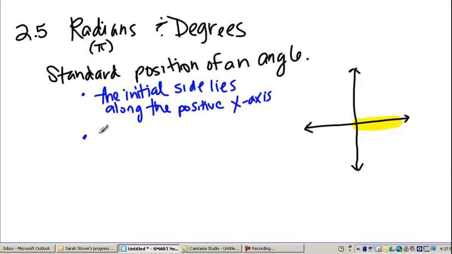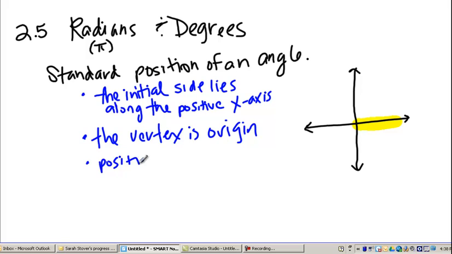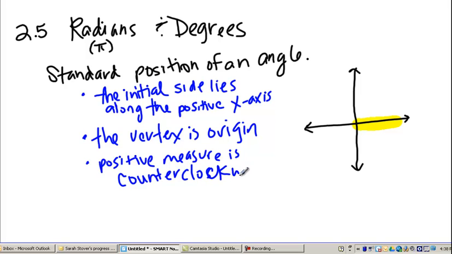The vertex is on the origin is the second. A positive measure is counterclockwise, and a negative is clockwise.